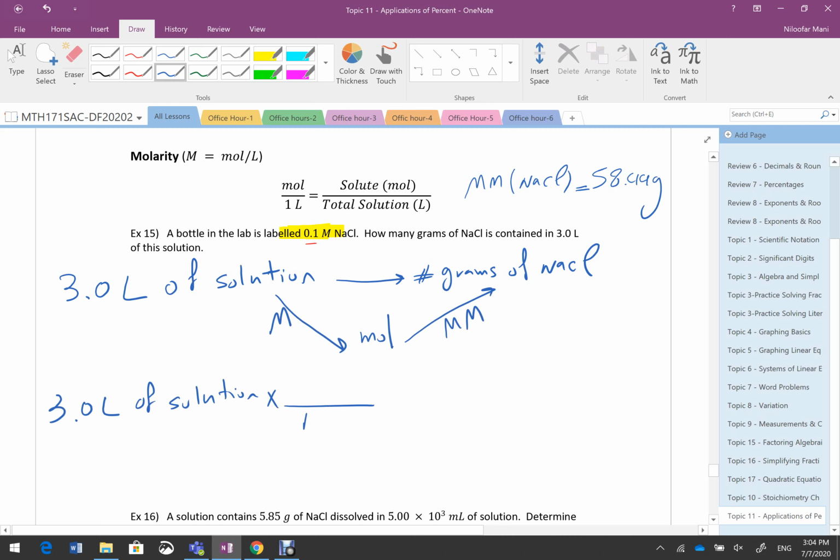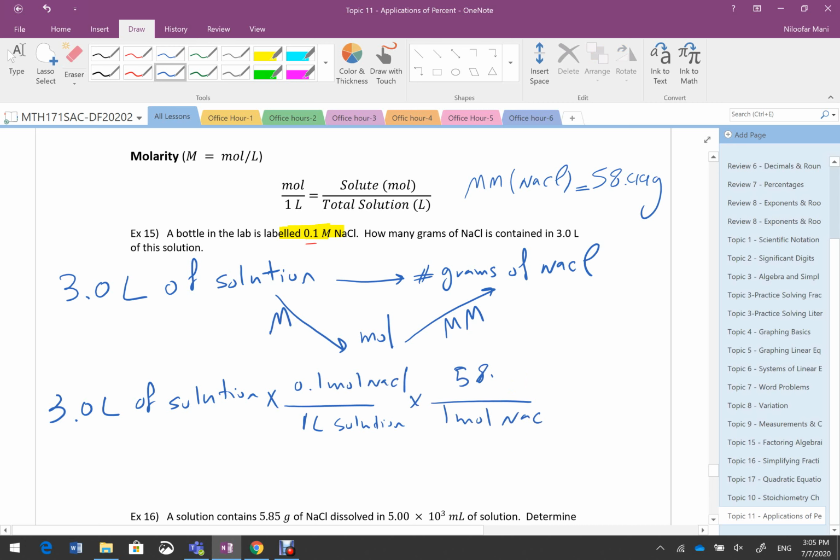Okay, 1 liter of solution, 0.1 mole NaCl, multiplied by 1 mole NaCl, 58.44 gram, so just gram as a molar mass.